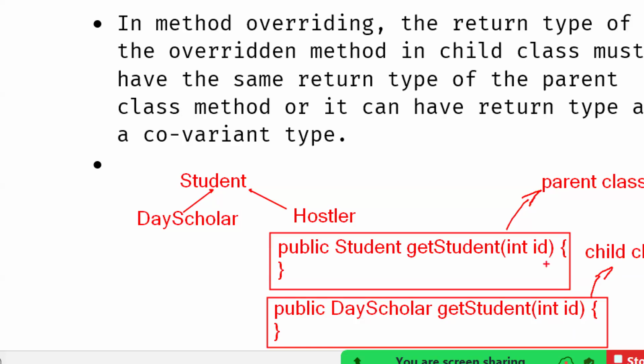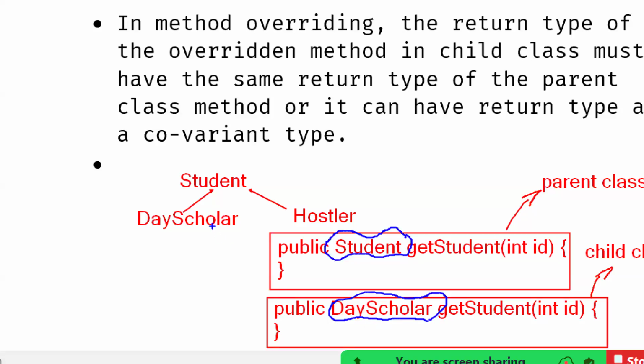The first method is in the parent class and the second method is in the child class. What's the return type here? Student, in the parent class. What's the return type in the child class? I'm overriding the same method, getStudent with the same parameter id. But in the child class, what's the return type I'm using?